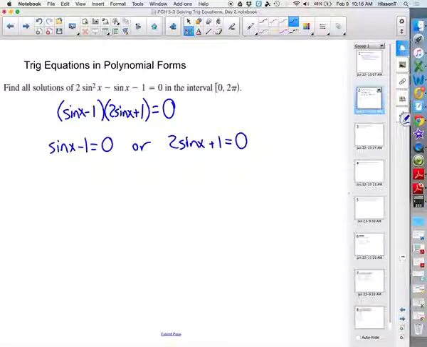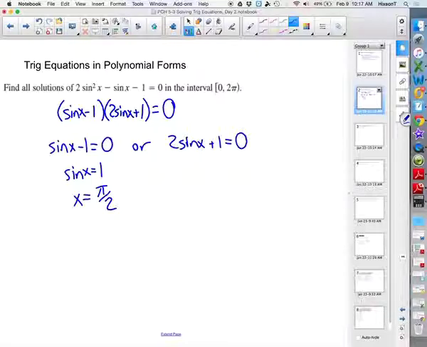So now you have basically 2 of the types of equations we were doing yesterday, where you're simply getting sine by itself. So here's sine equals 1, and according to the unit circle, where is sine equal to 1? 90, or pi over 2. Since it's asked us for an interval in radians, we'll give our answer in radians. So pi over 2.